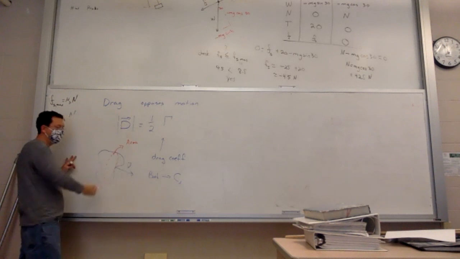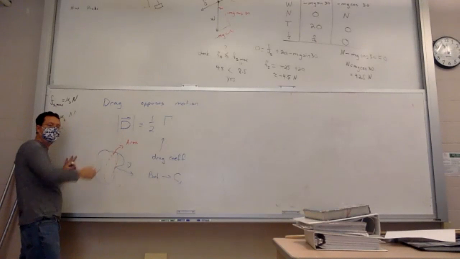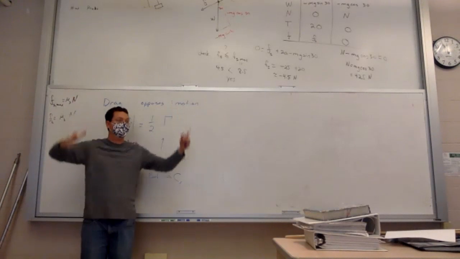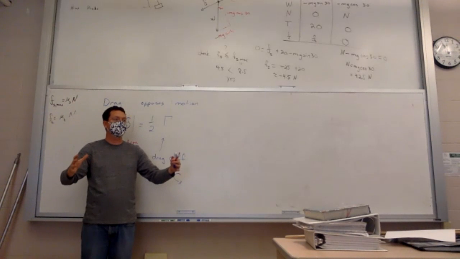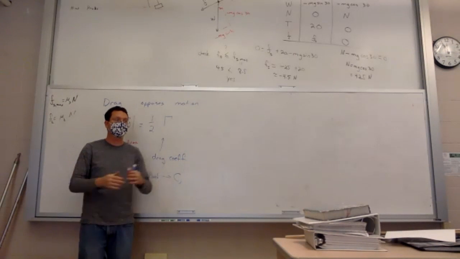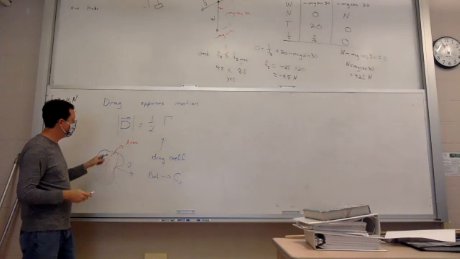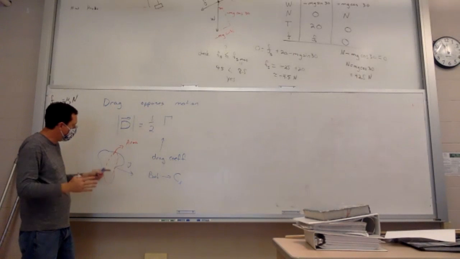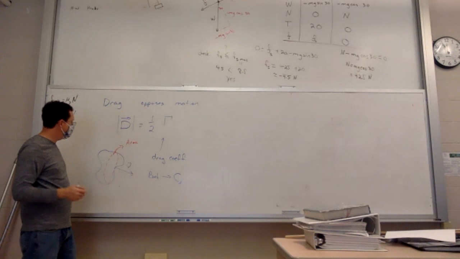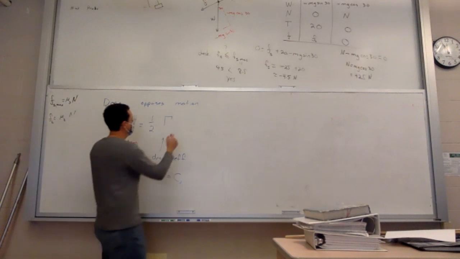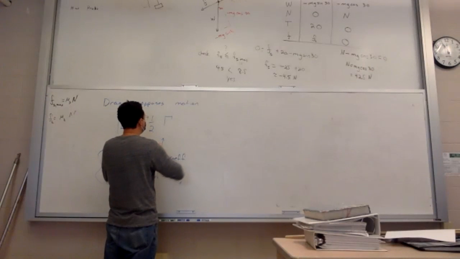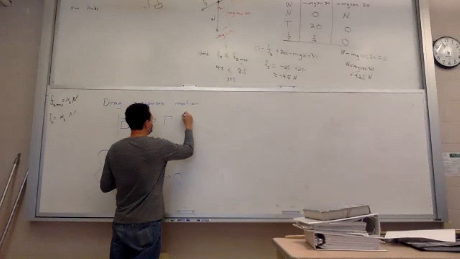So this is the area of the cross-section. Not the total surface area, it's kind of like the image of a shadow, or the area of the shadow it would cast. And that's the way you should think of it. Just the area of the shadow it would cast in the direction of the velocity. So the bigger that is, the more drag force you get.